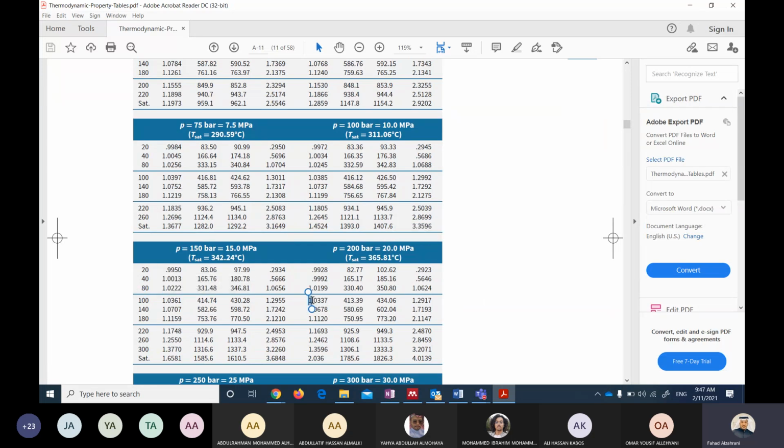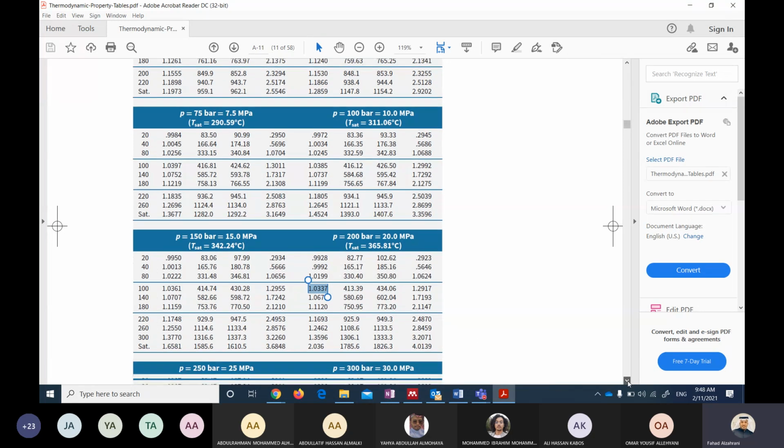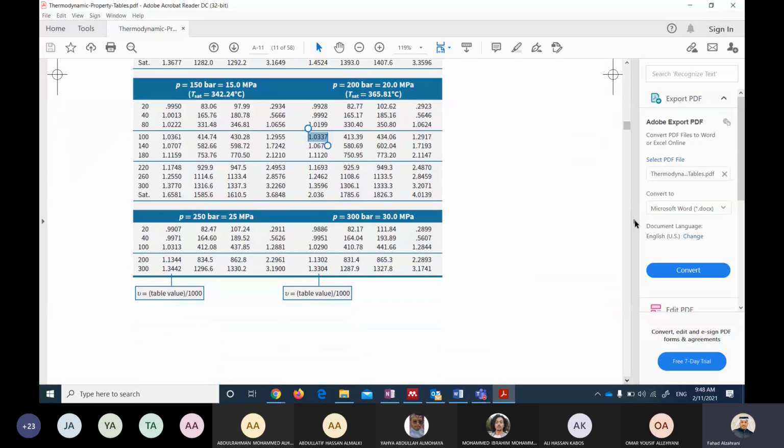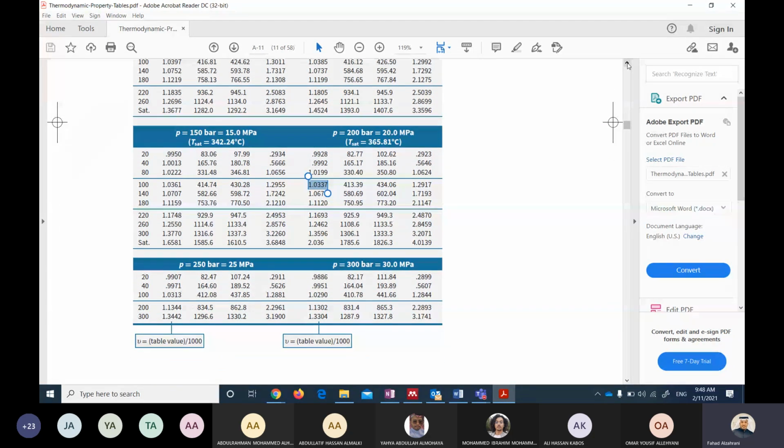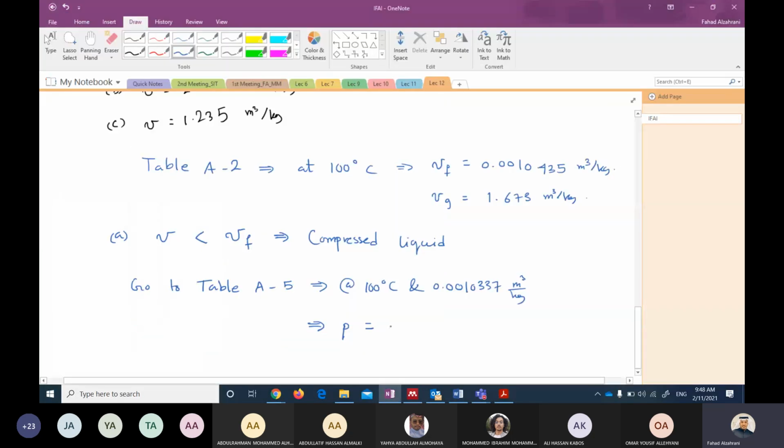You see the value here is 1.0337 times 10 to the minus 3. Remember, this is multiplied, so you need to divide by 1000. So this is 0.0010337. That means the pressure is 200 bar or 20 megapascal.